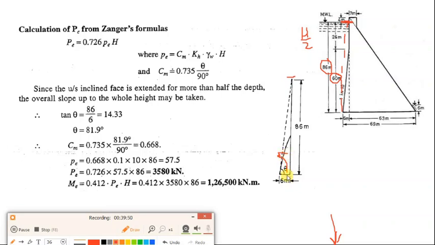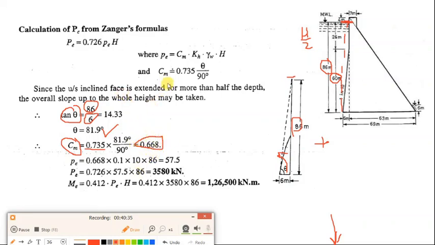This angle will be theta. How to calculate this theta? tan theta equals the height, 86, divided by 6, perpendicular upon base. This will give you the angle. And Cm can be calculated by 0.735 theta by 90, so theta is 81, this will give you 0.668.